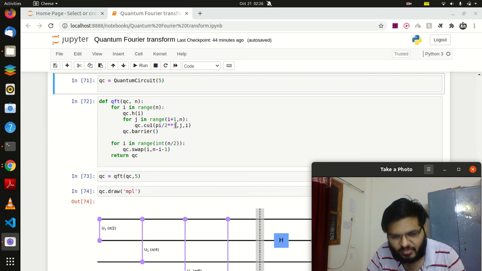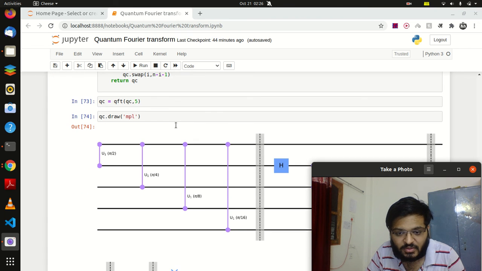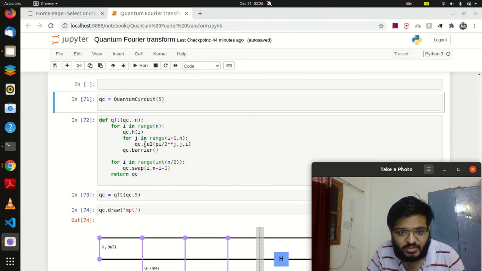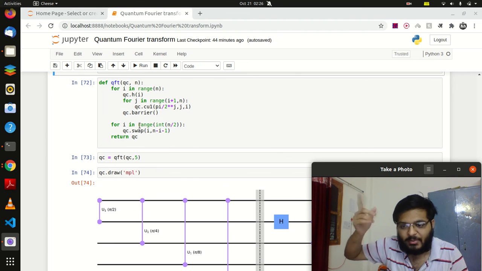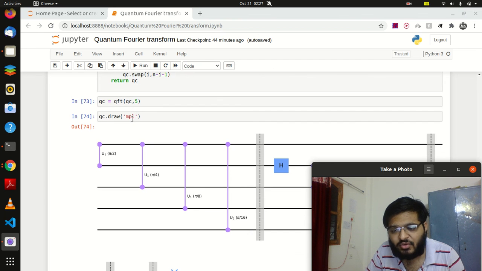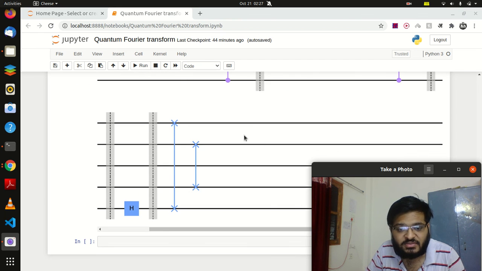So each qubit will do different rotations. You can see how we do that. QC dot barrier, that is very fine, and then we just swap, because they are already implemented in reverse. So for any number of qubits, we can just implement this circuit.